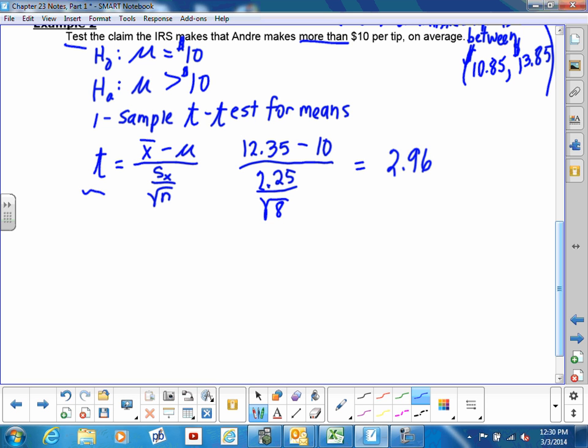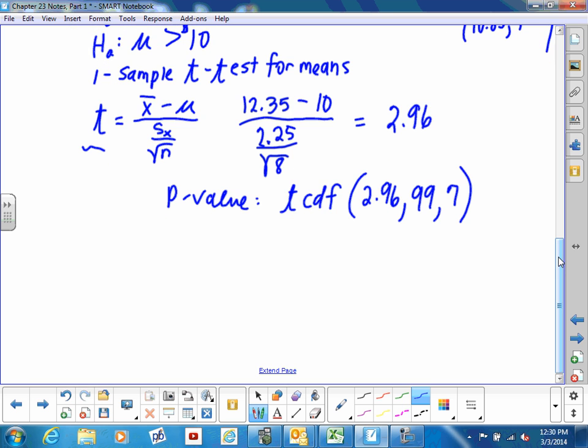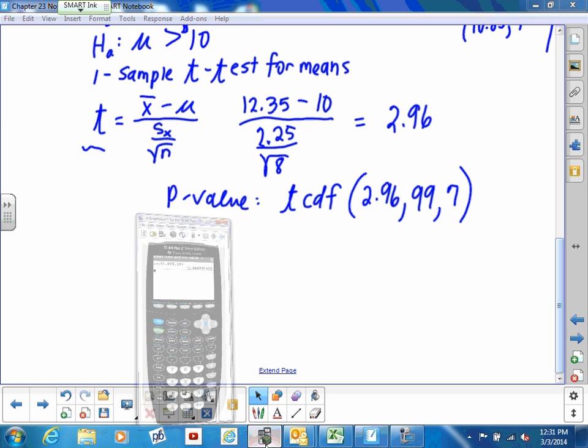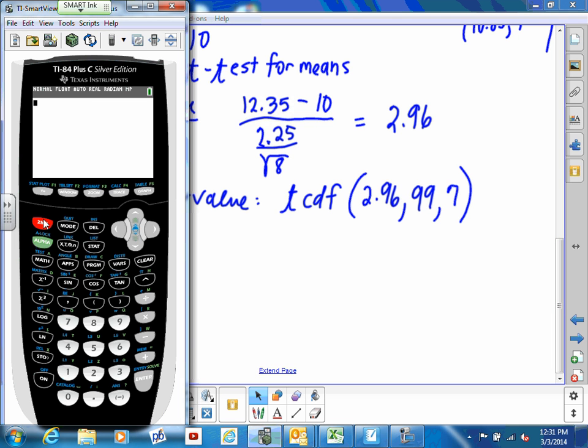So if I am to find the p-value, I actually go t-CDF from 2.96 out to infinity, comma, what? Degrees of freedom, which they are 7. Okay? You see that? Okay, so your TCDF is found, and we haven't done one of those yet, but your TCDF is your second VARS.